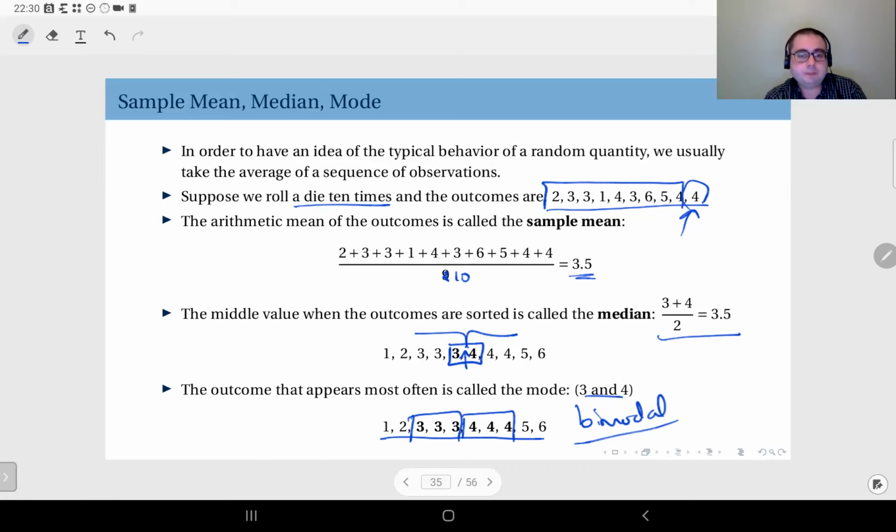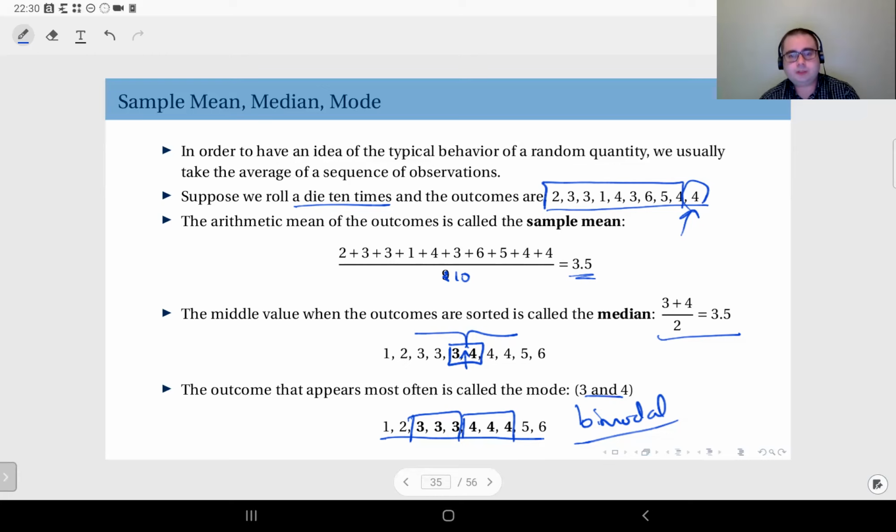There might be more than 2 modes, in which case we will say that it is multimodal. But obviously, this is a very small sequence, and it doesn't carry much information. But in general, bimodal or multimodal distributions are important in some applications. Now, this is when you have data.